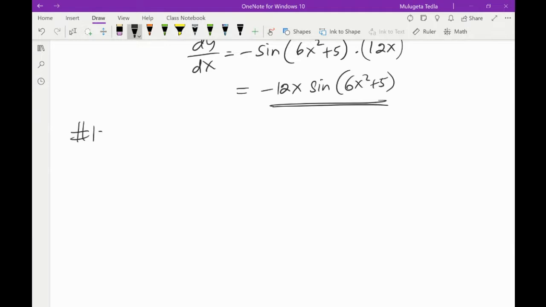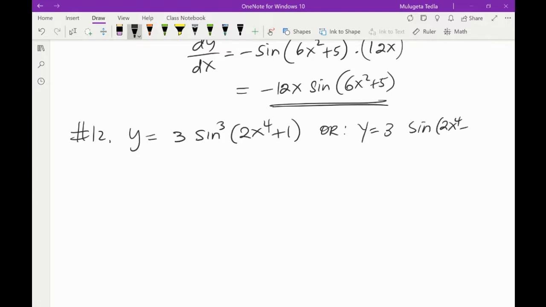Question number 12 is the same sort. Y equal to, a little bit complicated, really, 3 sine cubed of 2x to the 4 plus 1. Mind you, I would have written this as 3 times sine of 2x to the 4 plus 1, all to the power of 3.